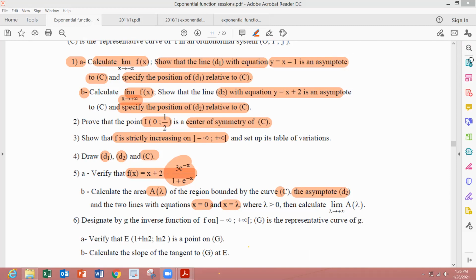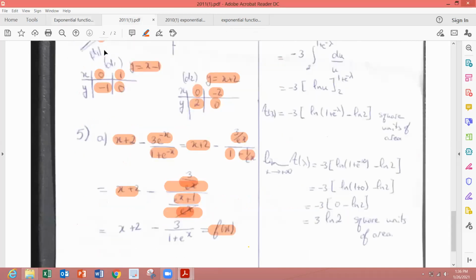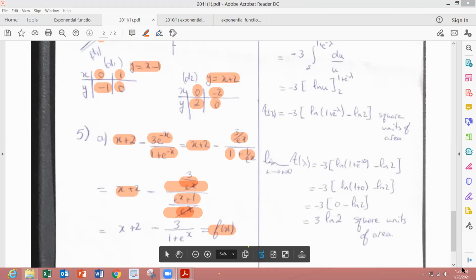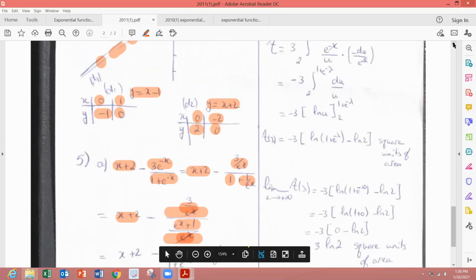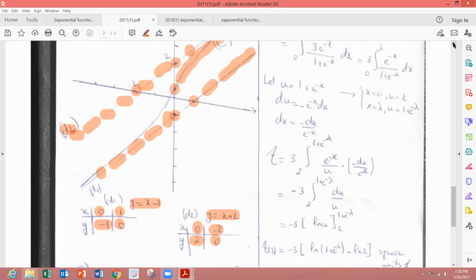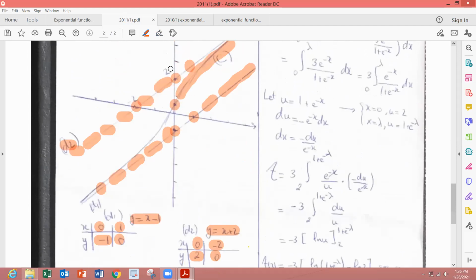Okay. Which part of the area are we going to calculate? Between D2, which is the upper line here, x equals 0 and lambda.